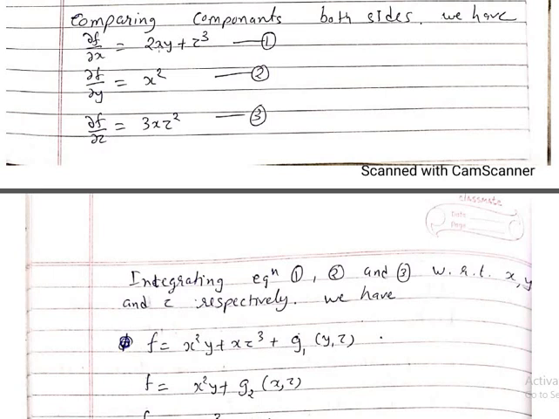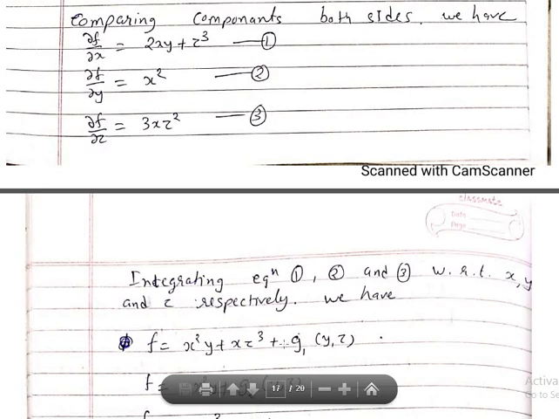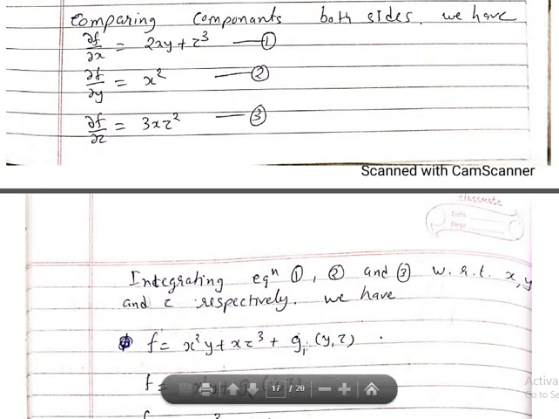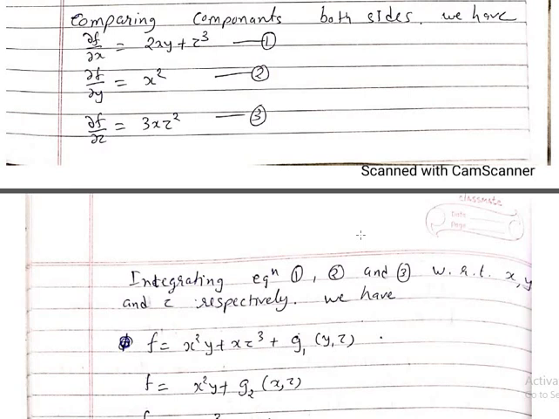Here, the integration of x is x square by 2, the 2 will be cancelled out and you will have x square into y. z cube is constant, so z cube into x plus the integrating constant. Now, instead of the integrating constant, you have to put some function. Here the function is of y and z. Why is it a function of y and z? Because you are partially integrating with respect to x.